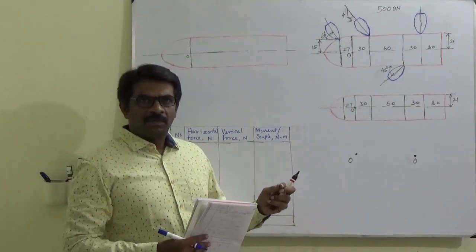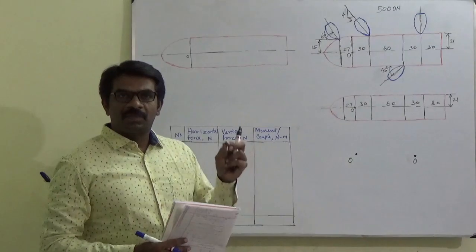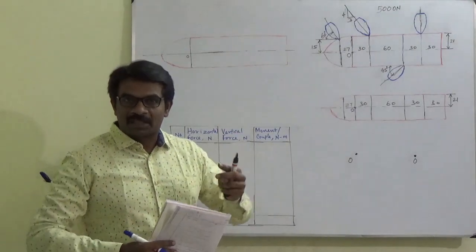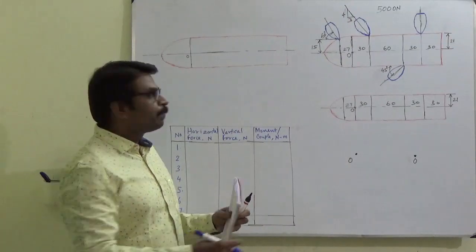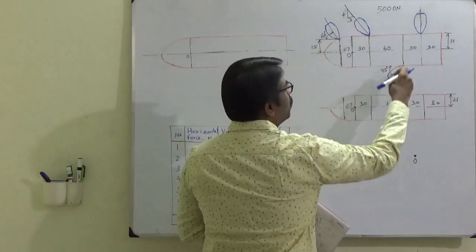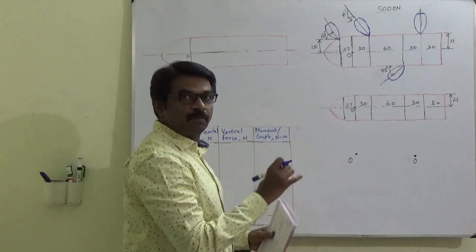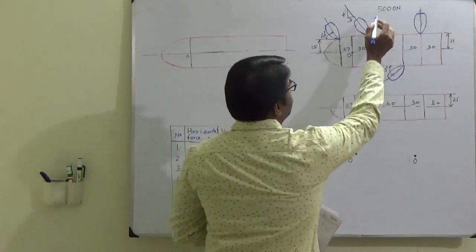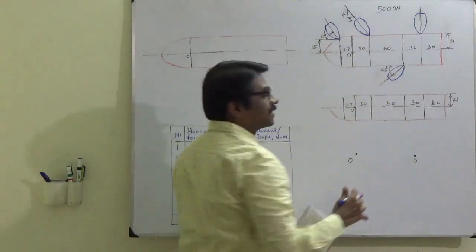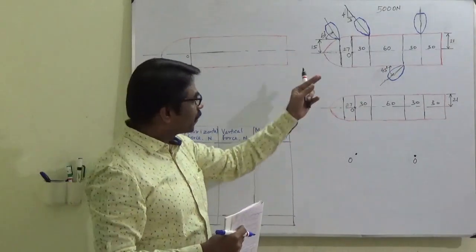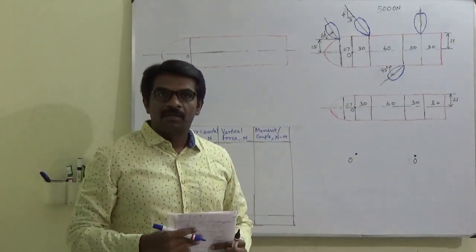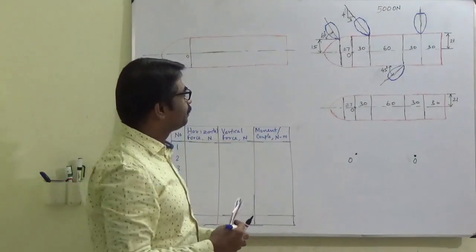Now, in this problem, the question has 2 parts. The first part is, all the 4 tugboats are exerting 5000 Newton force on the ocean liner.